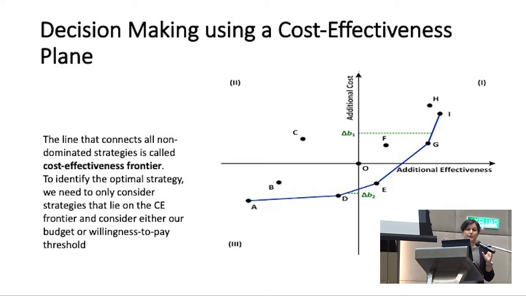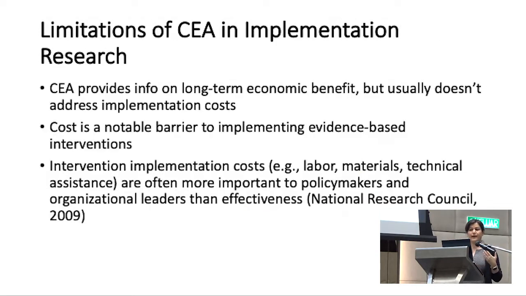So that said, I want to briefly touch on some limitations of cost effectiveness analysis in implementation research. So cost effectiveness analysis, as I mentioned, you can play with the time horizon, and often it's used to look at longer term economic benefit, but usually it doesn't necessarily look at implementation costs.